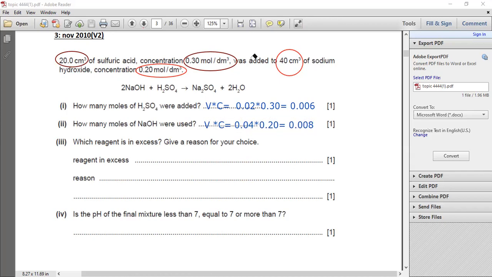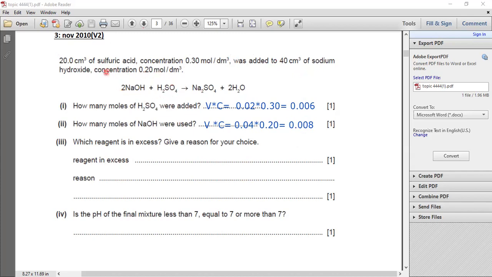Welcome. Now we have the number of moles of H2SO4 and the number of moles of NaOH. We need to know which reagent is in excess. Now, this is the rule of the mole-mole ratio. Kausar, according to the information you have here, which one of both is in excess?